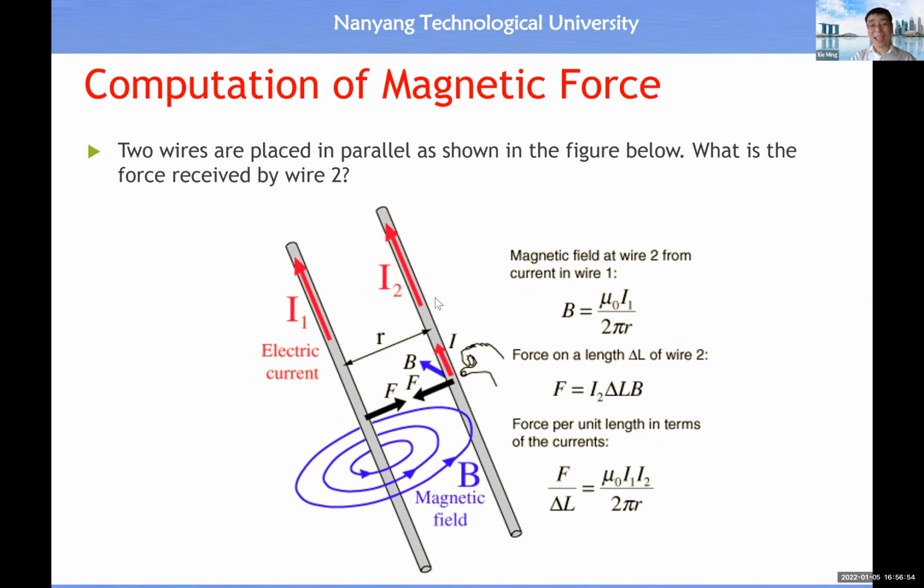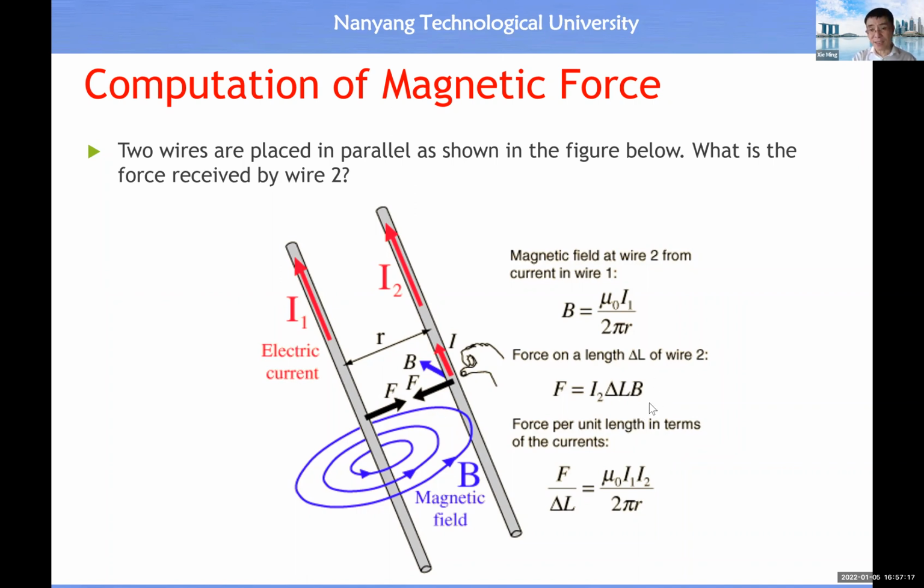If wire 2 is placed at the distance r from wire 1, then the force received by wire 2 should be proportional to the current I2, proportional to the length inside the magnetic field, and also proportional to the density of the magnetic field produced by I1.